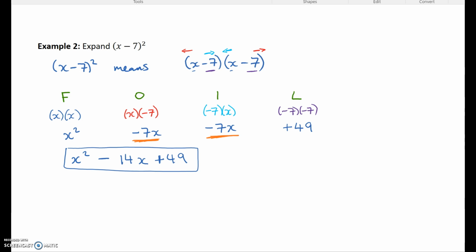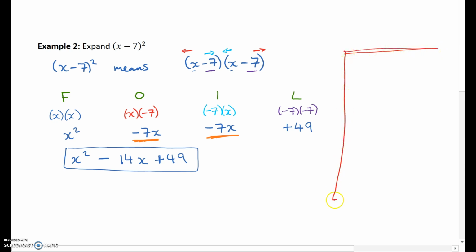Now here is the common mistake that people make. Here's the common mistake that people make, and this is wrong, but it's a very common mistake. I want you to be aware of it so that you don't get tempted into making the same mistake yourself. So it's x minus 7 squared.